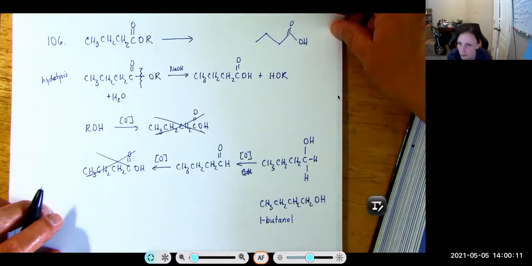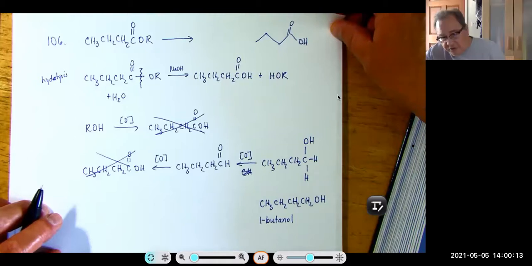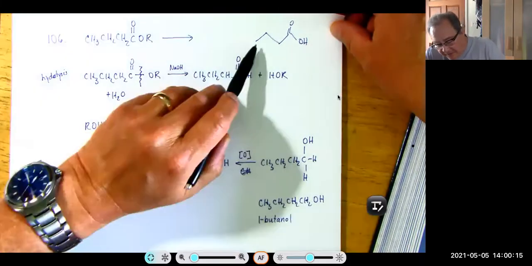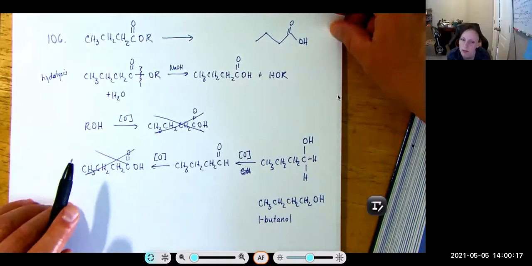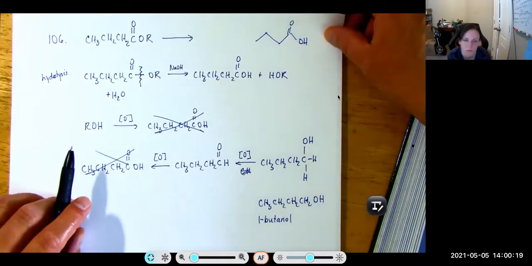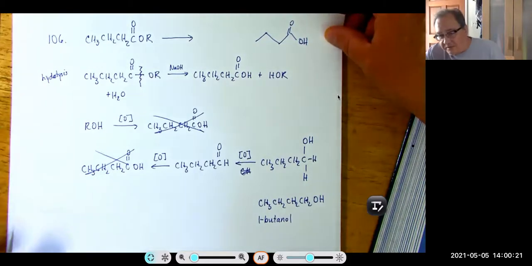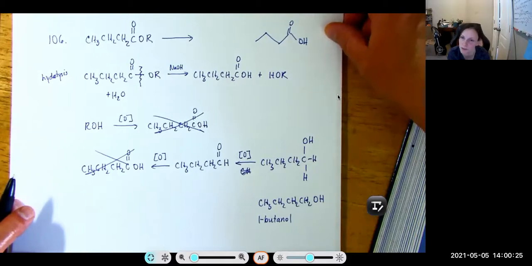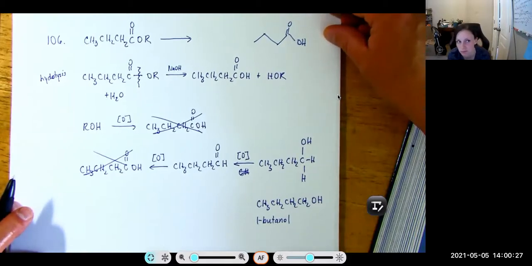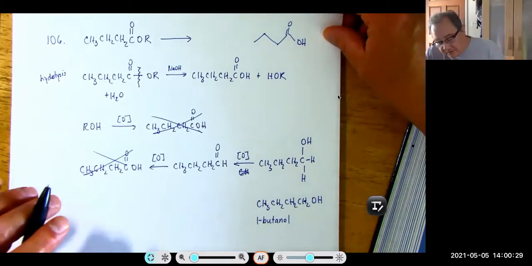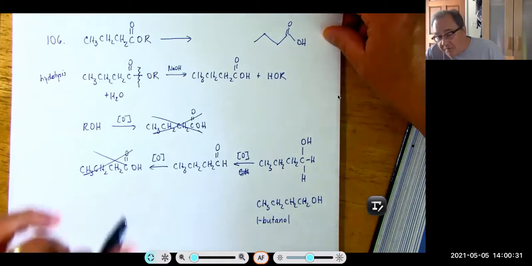First of all, how many carbons do we have in a row here? 4. Can we make anything else that has 4 carbons in a row? Cyclobutane. Well, and still have it be a carboxylic acid?